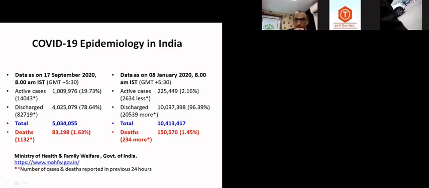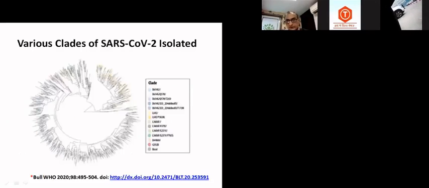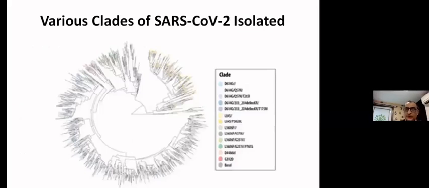So let's move to the next slide. We have a lot of these viruses having clades. Over time, this happens with the influenza virus, this happens with other viruses, they mutate.